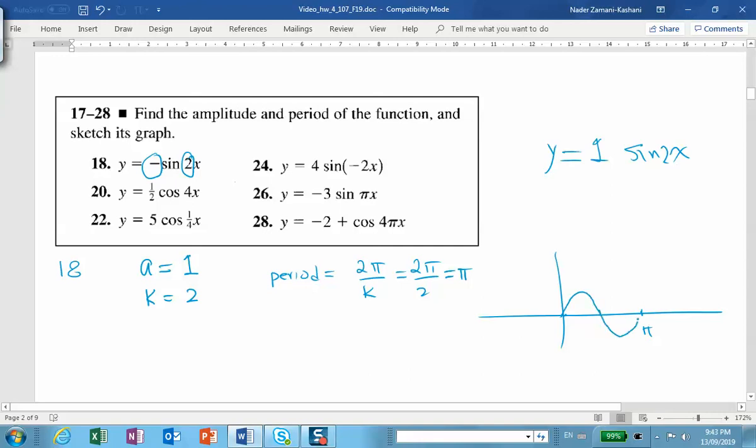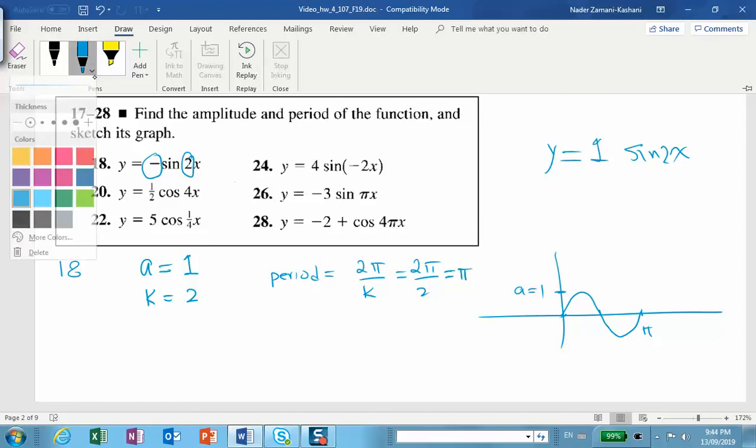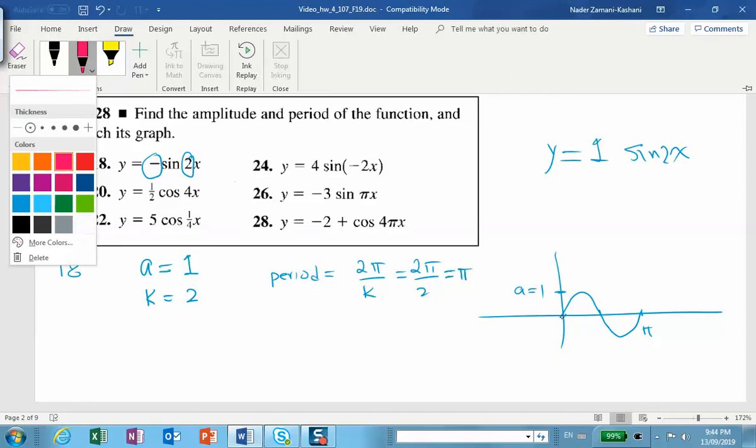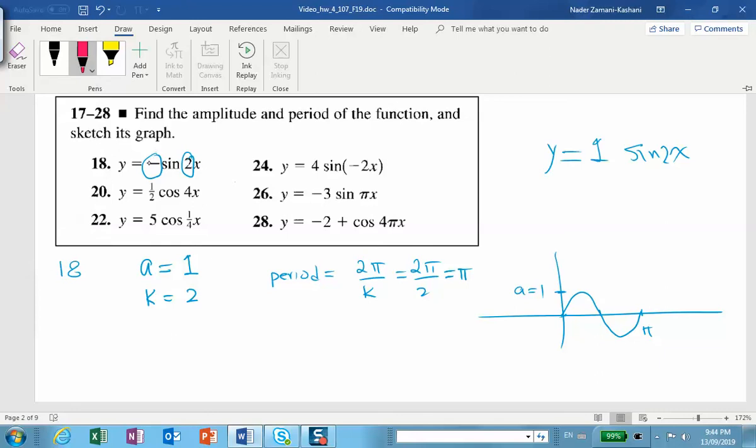Okay, so what you see there is actually sine of 2x, not negative sine of 2x. If you want the negative sine of 2x, and that's really what I want, then every height is the negative of the height that I have here. So the graph of negative sine of 2x is going to look like this.